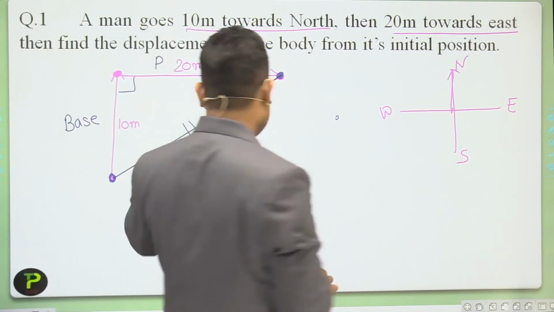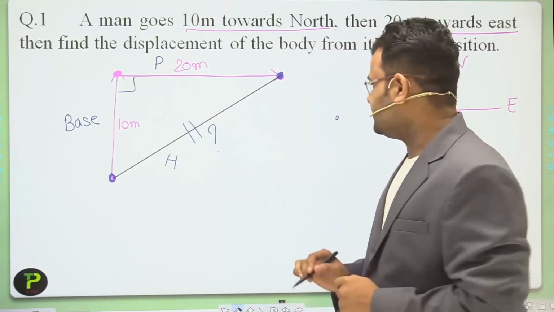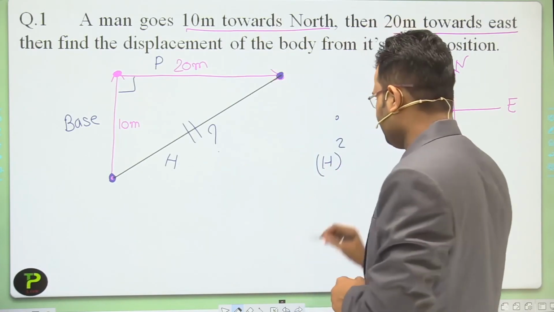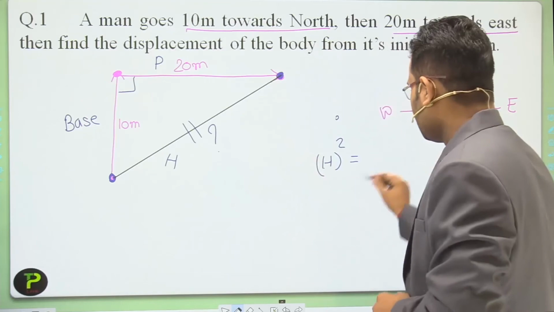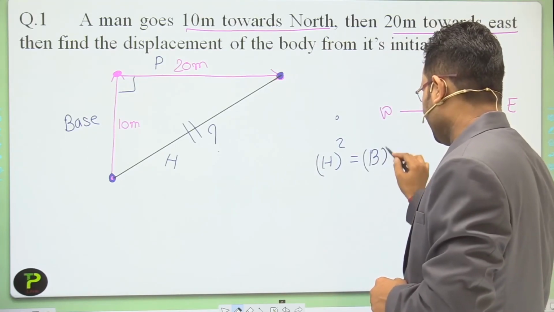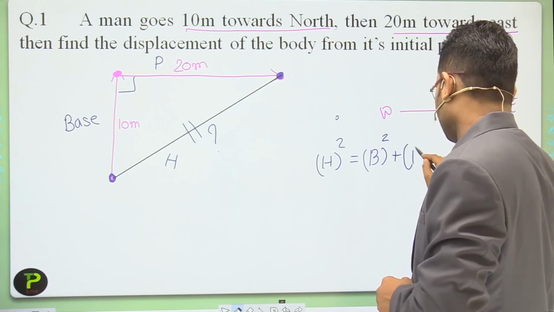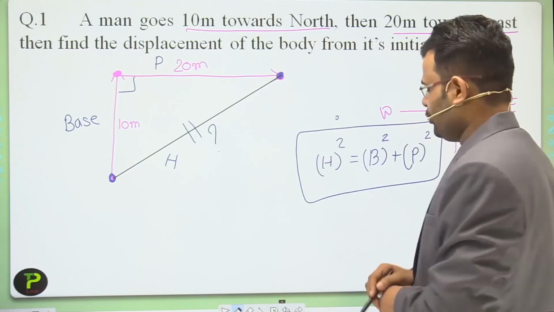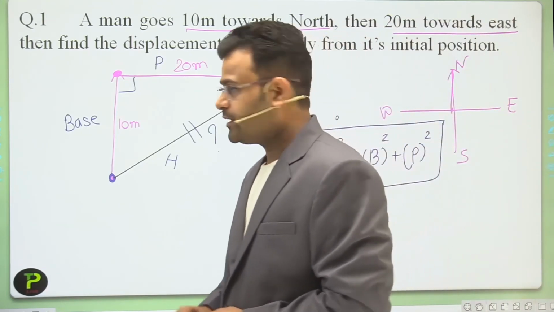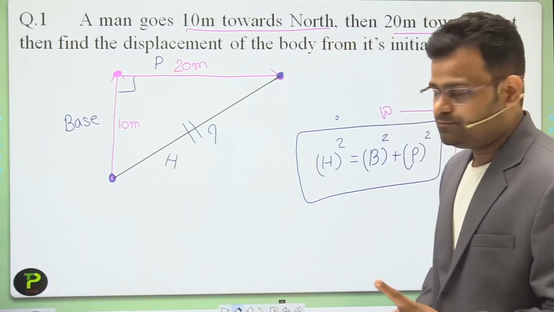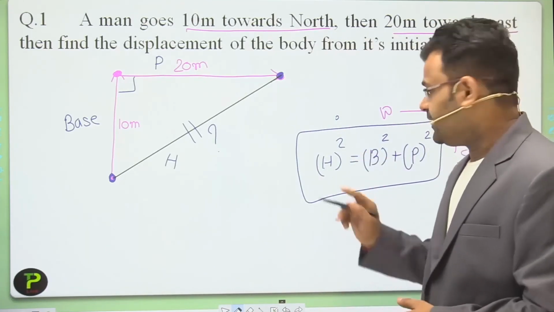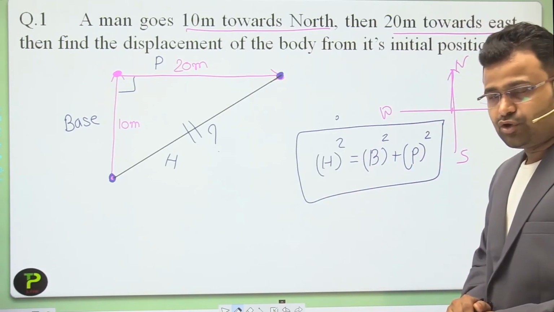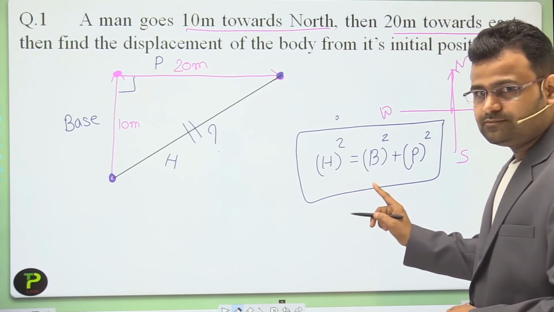In mathematics, the square of the hypotenuse is equal to the square of the base plus the square of the perpendicular. Please write on the topmost space of your copy: in a right triangle, hypotenuse square equals base square plus perpendicular square. Okay, write it. Done?